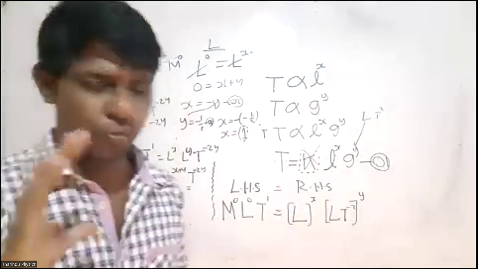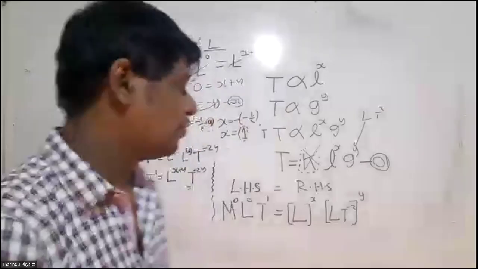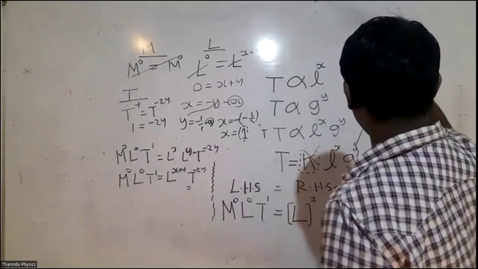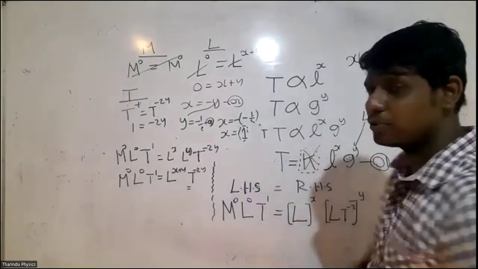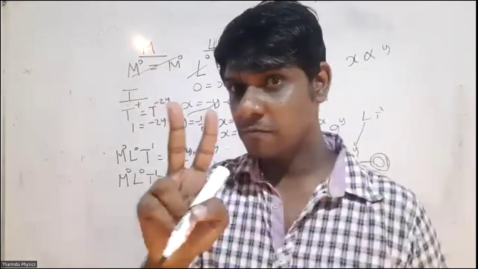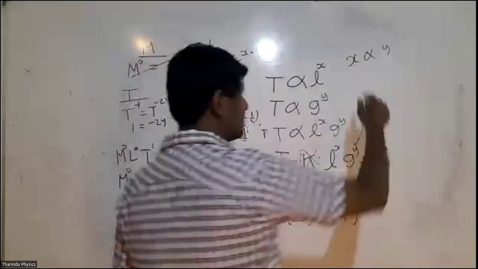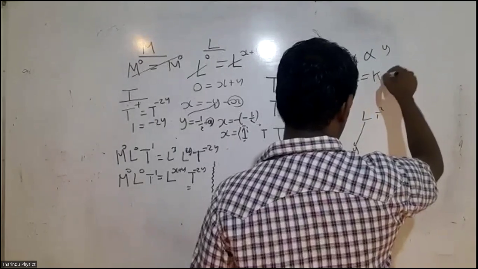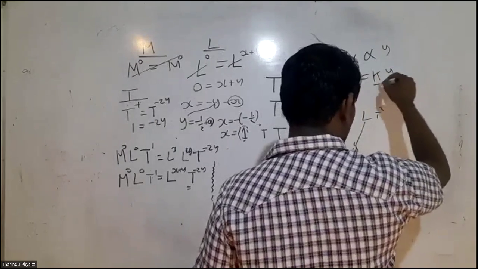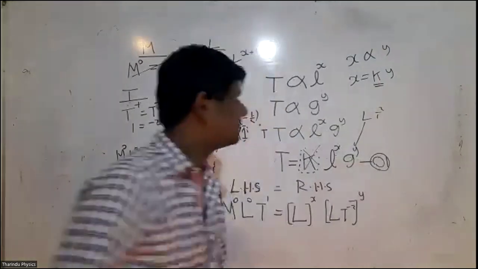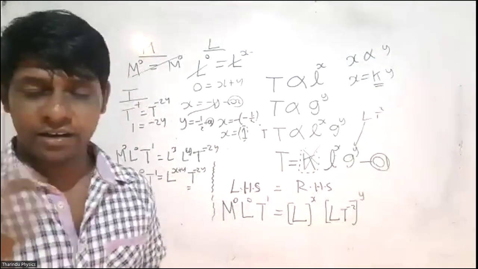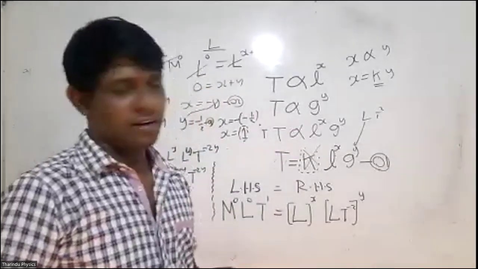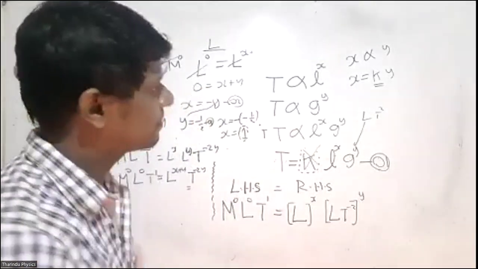And to remove the proportionality, in mathematics, if any x is proportional to y, you can do two things. One is you can put a proportionality constant like k, whatever, and remove the ambiguity. Then finally you can find what that proportionality constant is using the dimensional analysis method as well.